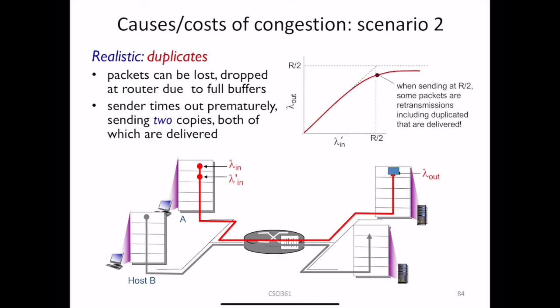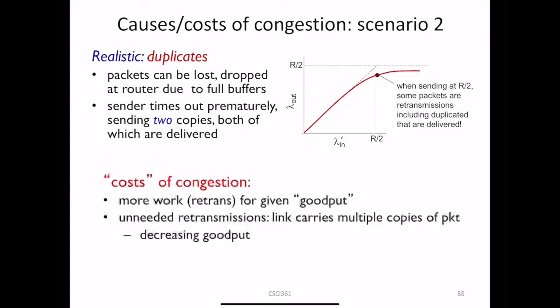If that's the case, we can see that the throughput can never reach R divided by 2, because some duplicated data will be received by the receiver. Then the cost of the congestion is that more work, or more retransmission, must be done for a given goodput. Another cost is that unneeded retransmission will be triggered, which decreases the goodput.